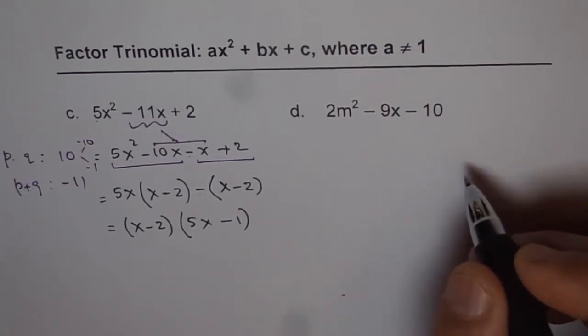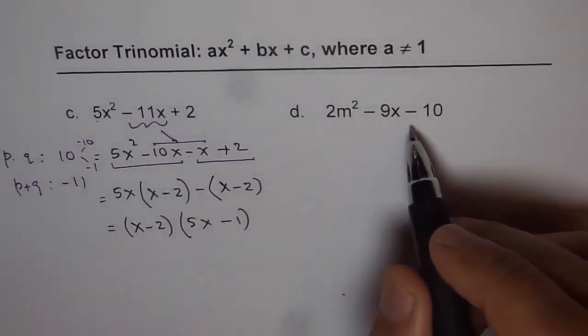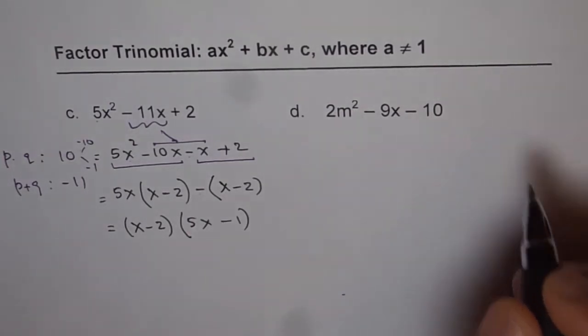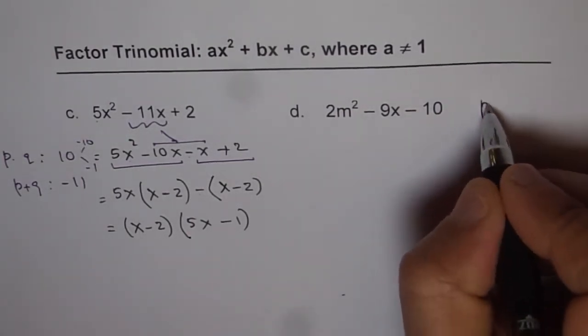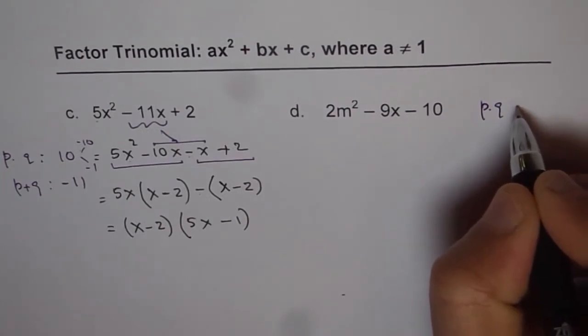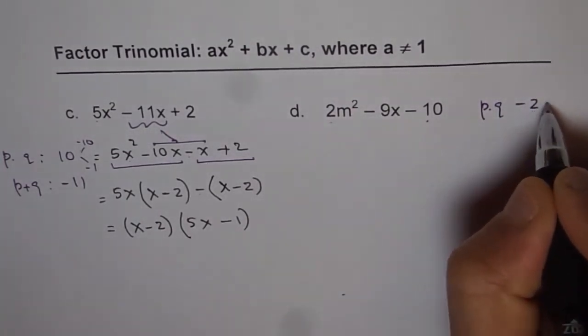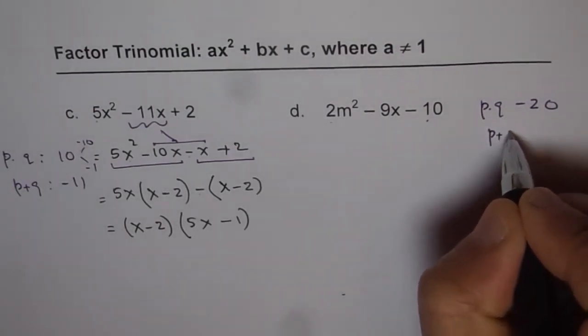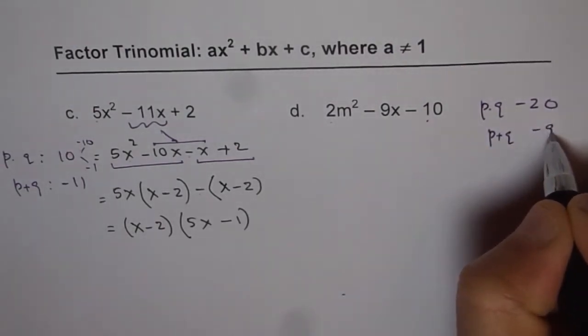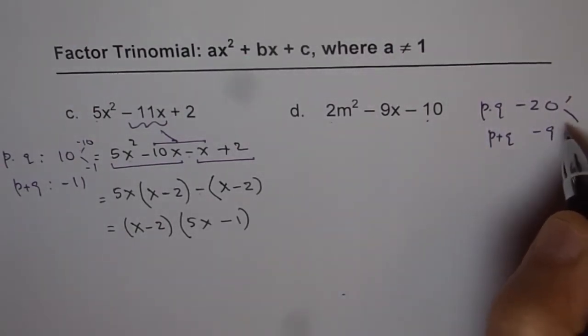Now the next one is 2m squared minus 9x minus 10. Here we are looking for two numbers whose product is minus 10 times 2, that is minus 20, and whose sum is minus 9. So a product of minus 20 means one number is negative and the other one is positive.